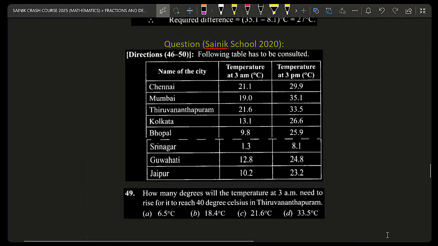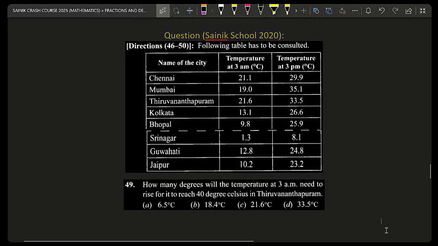The 49th question. How many degrees will the temperature at 3 a.m. need to rise for it to reach 40 degrees Celsius in Thiruvananthapuram? Who will give the answer for this?